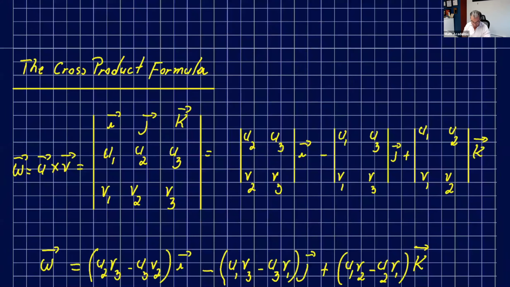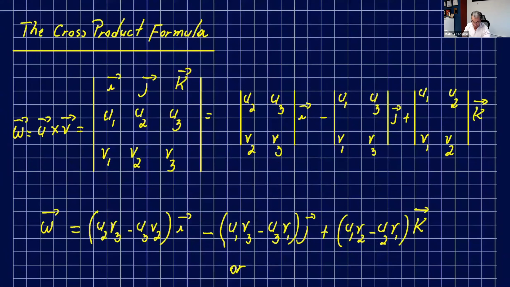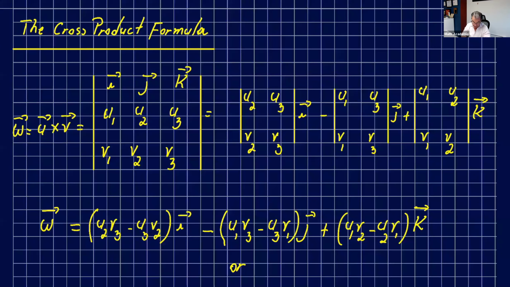The formula for the cross product, if you want to remember this, you can just use the determinant. So you can write always i, j, k, the components of u and the components of v. The component of i of the w vector is just this minor, so it's the determinant of that matrix.